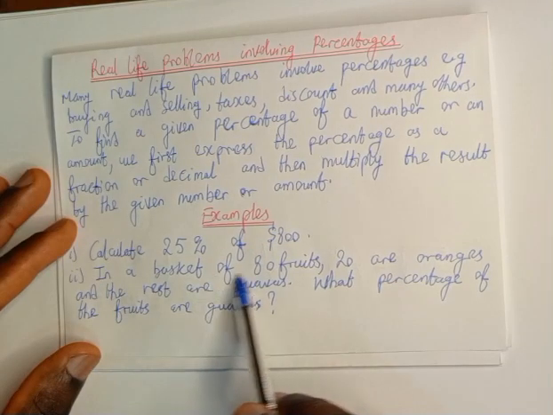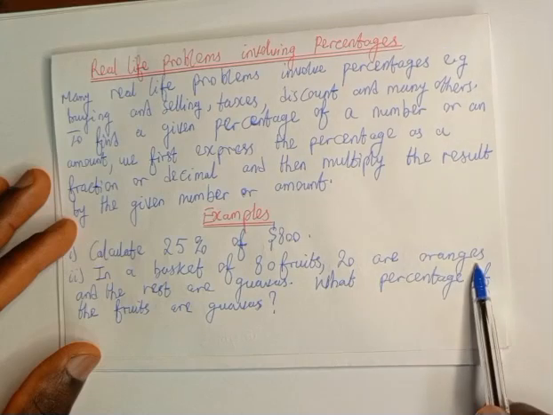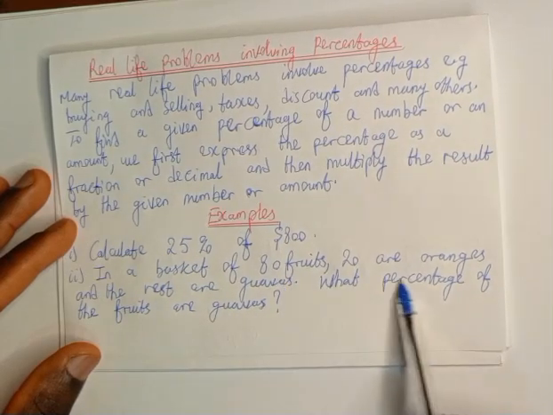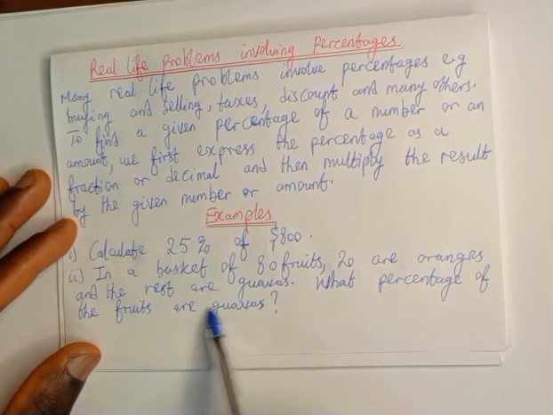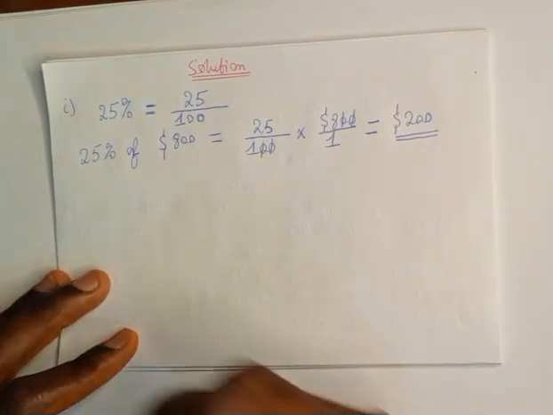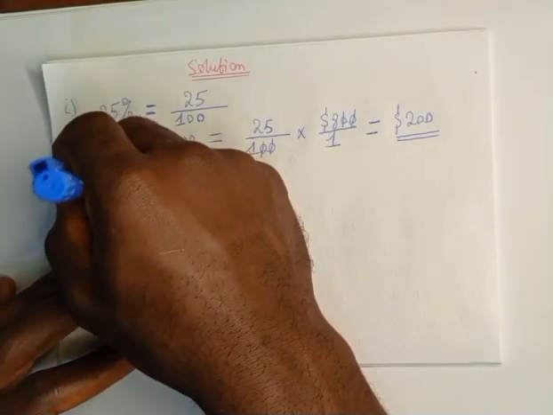In a basket of 80 fruits, 20 are oranges and the rest are guavas. What percentage of the fruits are guavas? For us to answer the given problem, first we need to start by finding the number of guavas.